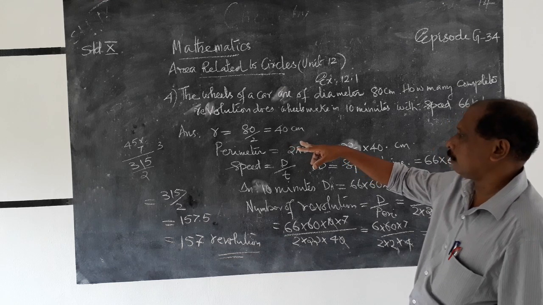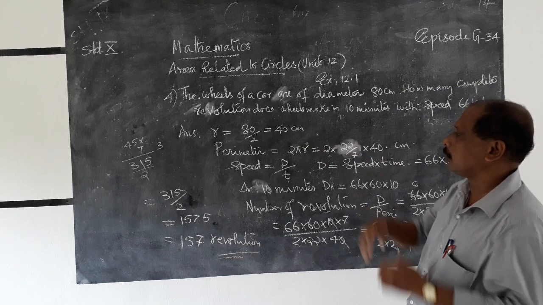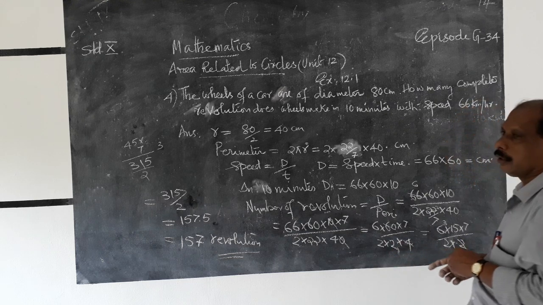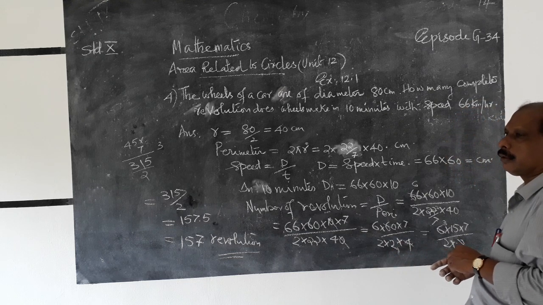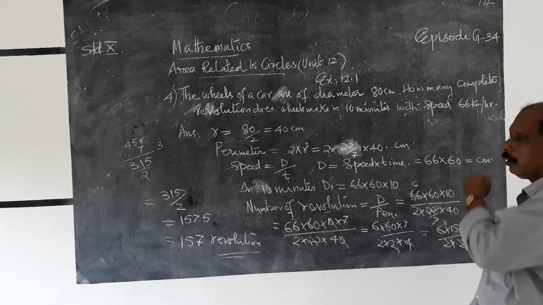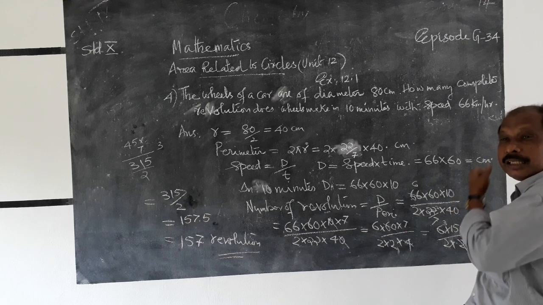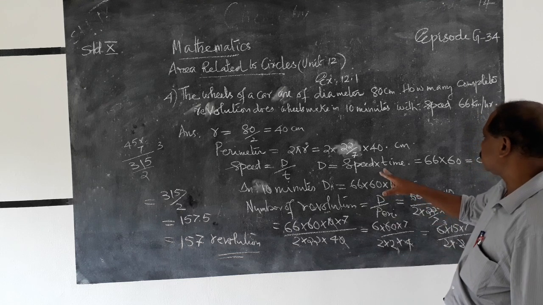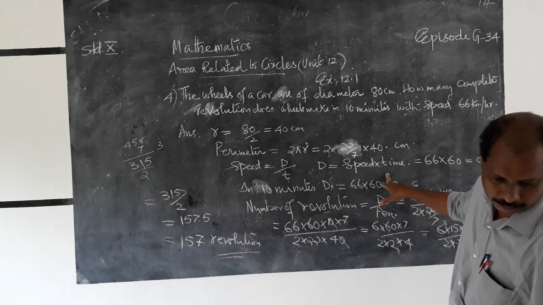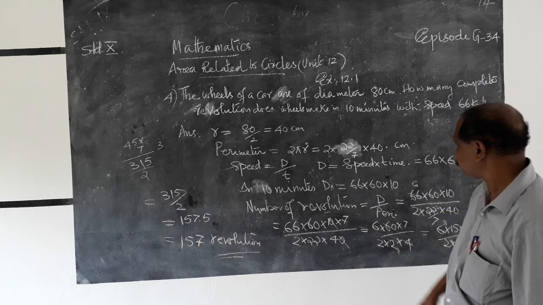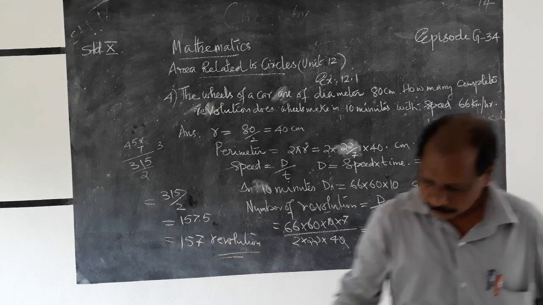The radius of that wheel is 80 by 2, which is 40 centimeter. And the perimeter is equal to 2 pi r, that is 2 into 22 by 7 into 40. Then speed is equal to distance by time, therefore distance is equal to speed into time. That is 66 kilometer per hour.